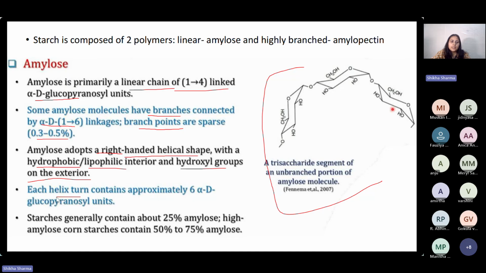Each helical turn contains approximately 6 alpha D glucopyranosyl units. Starch generally contains around 25% amylose, and high amylose corn starches contain around 50 to 75% amylose.